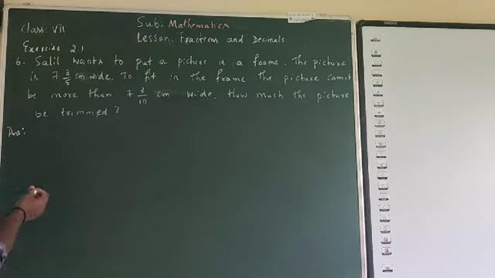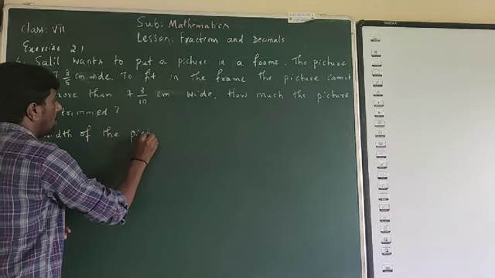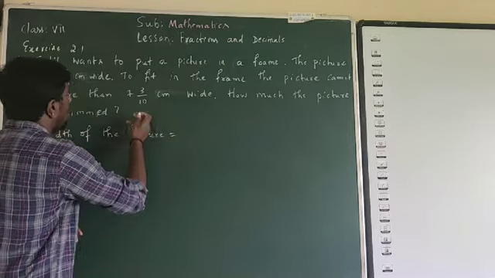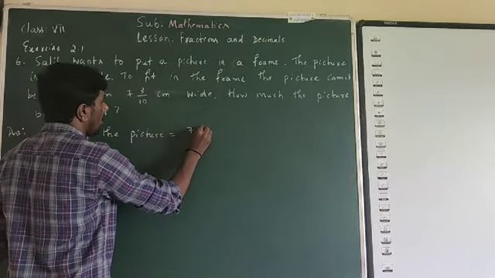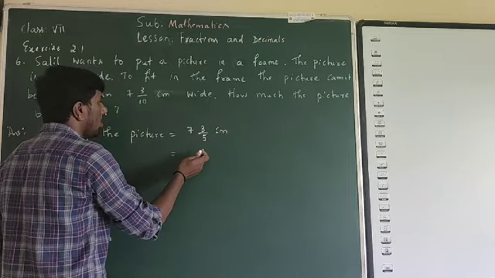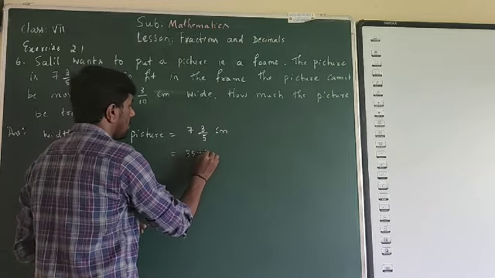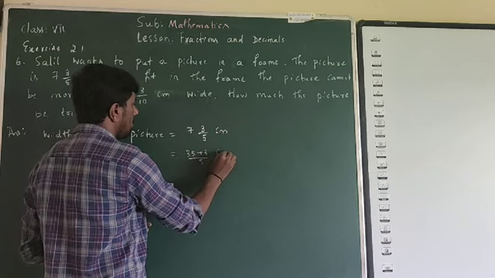Now let us take the width of the picture. Width of the picture is 3/5 centimeter. If you convert it into an improper fraction, 5 fives are 25 plus 3, divided by 5.